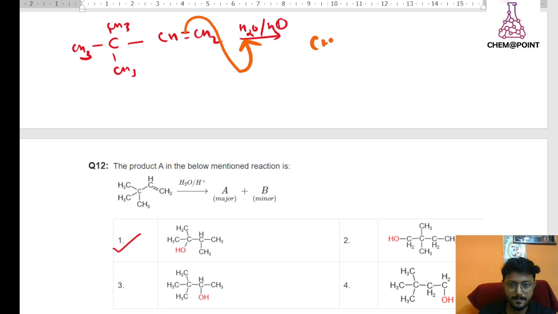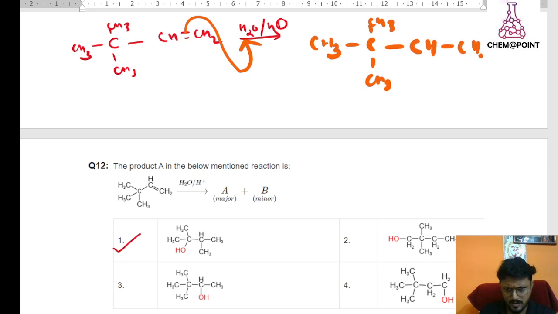And you get CH3 attached to CH, single bond CH2, with the positive charge on the left side. Why does the positive charge come on the left side, not the right side? Because the left side is more stabilized as compared to the right side, according to Markovnikov rule.